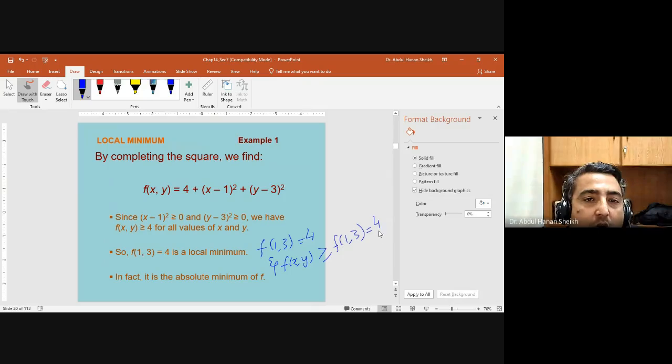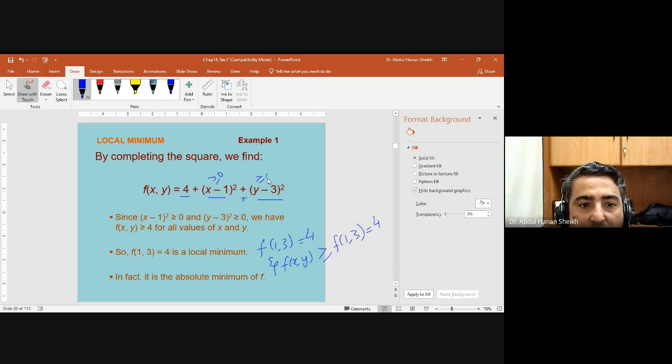Now the function is always greater than 4 because the function is equal to this one plus some amount from this plus some amount from this. Now this amount will not cause any decrease in this 4. Basically it will add something to the 4, as this is always positive because of the square, and this is always positive.